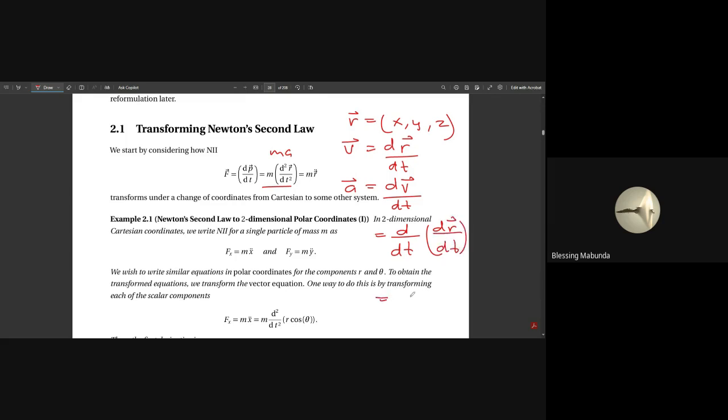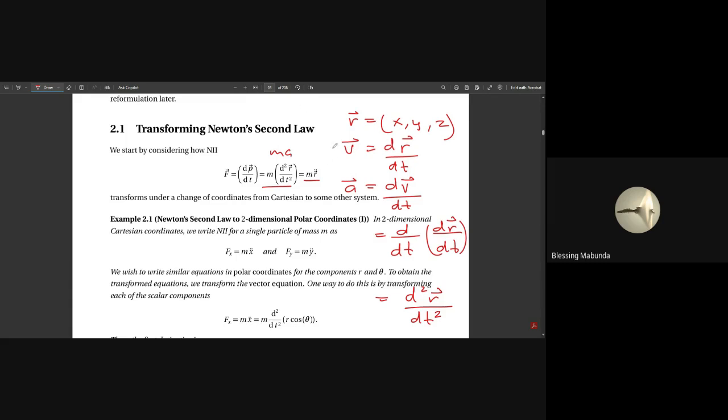So as you can note here, this is d squared r over dt squared. This is the acceleration term, and this is equal to m multiplied by r double dot, sorry, not prime.